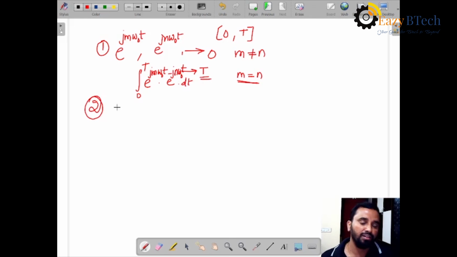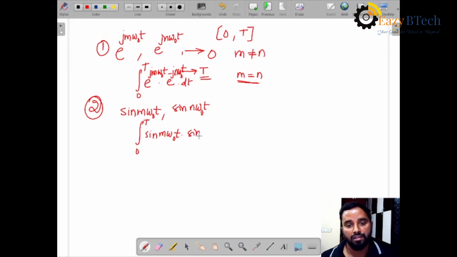And the second thing, sin and cos functions. Sin m omega naught t and sin n omega naught t are orthogonal. Orthogonal means the integral from 0 to T of sin m omega naught t into sin n omega naught t dt is equal to 0 if m is not equal to n.